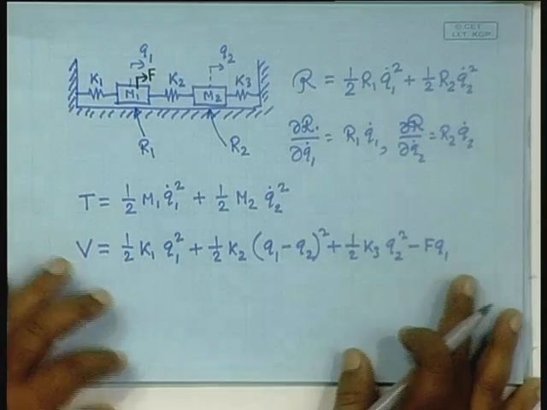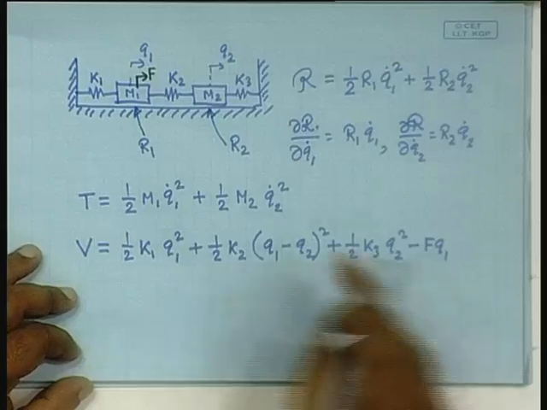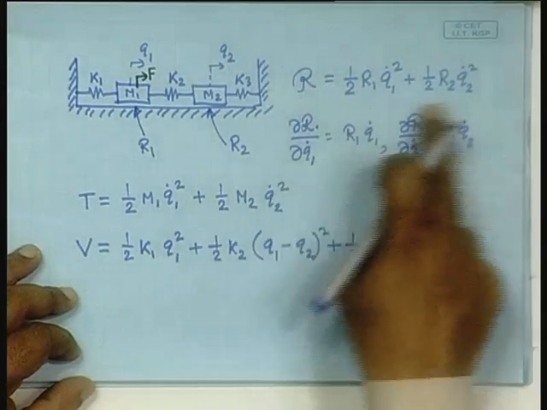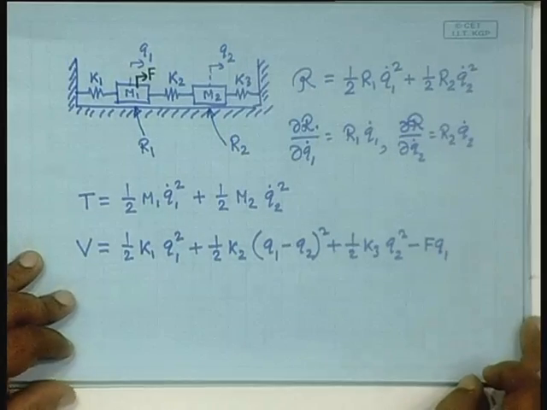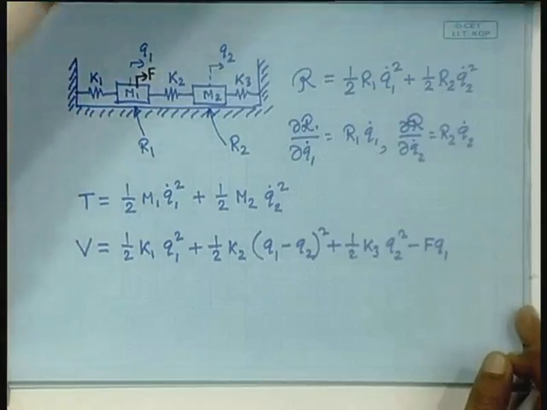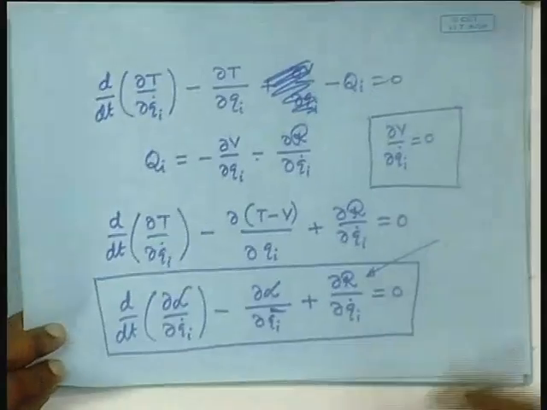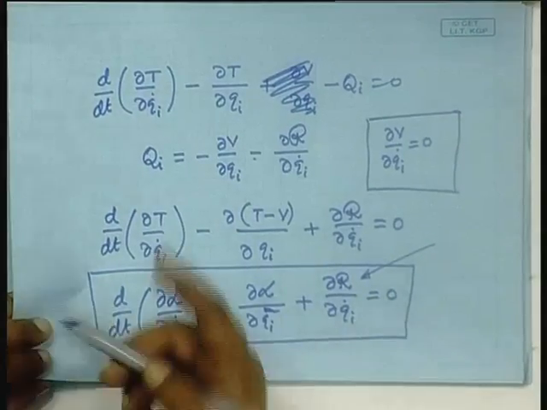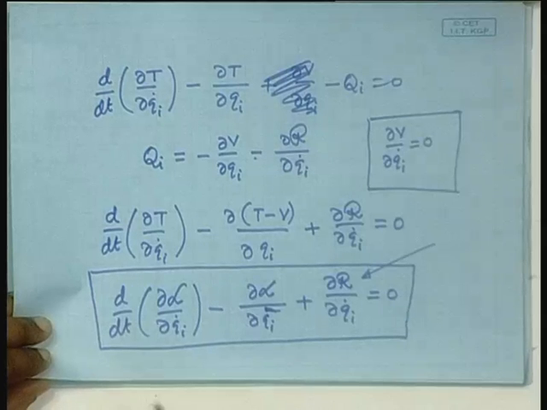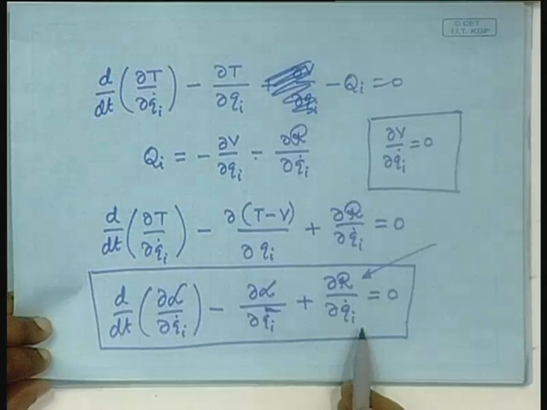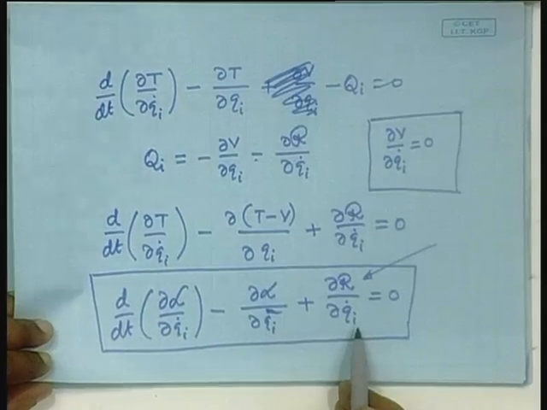That is how it was, right. And now you have included this new term. Now do the proper differentiations and write these equations. These will have to be written in both the q1 direction as well as the q2 direction.